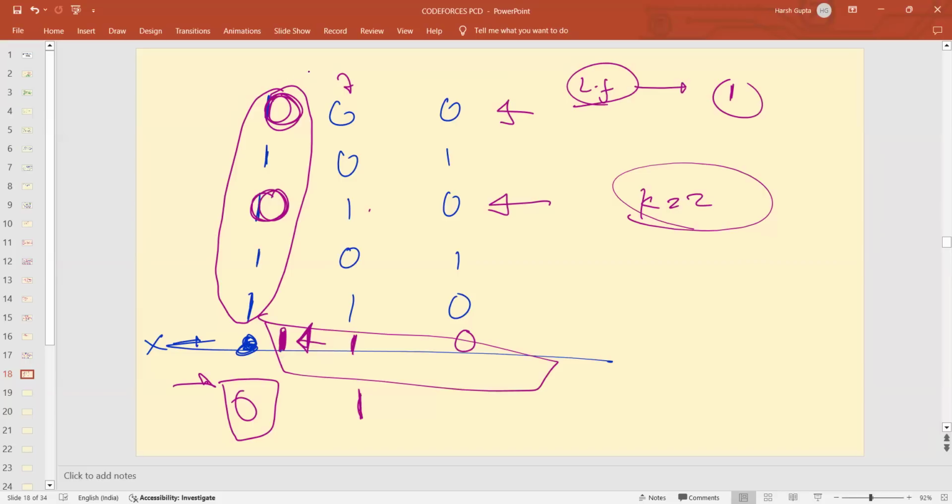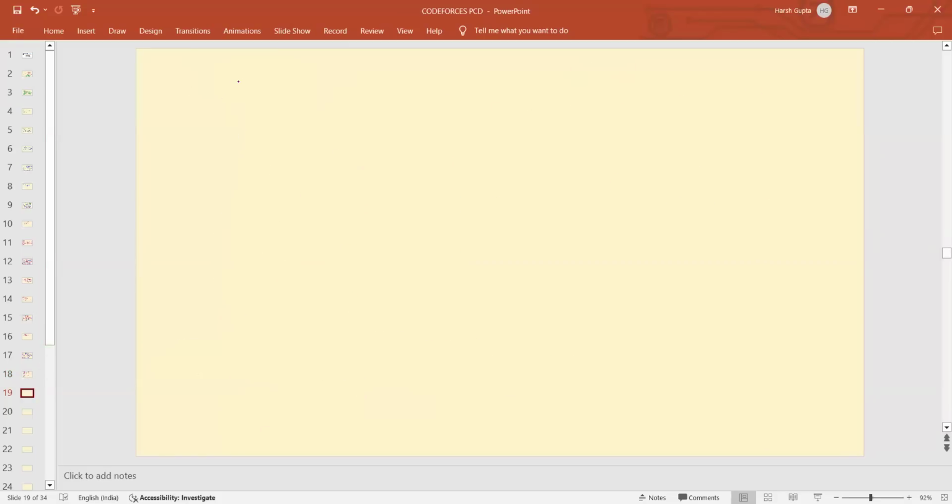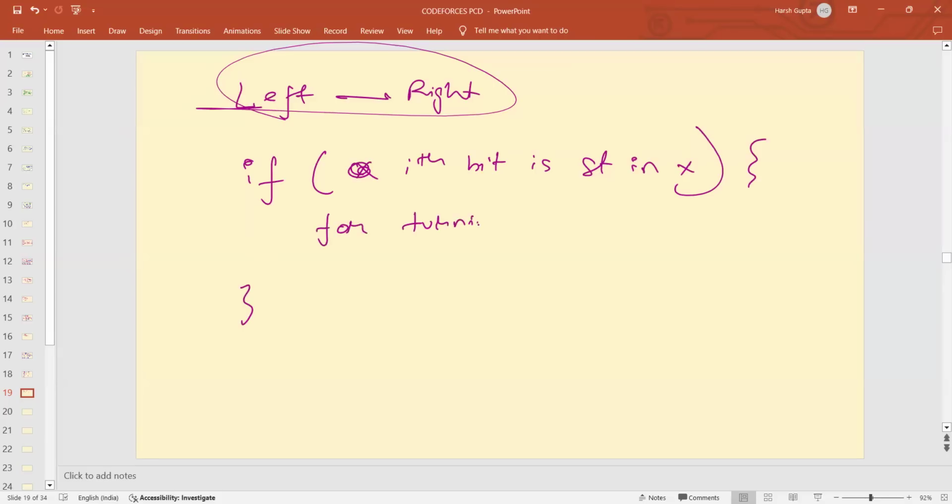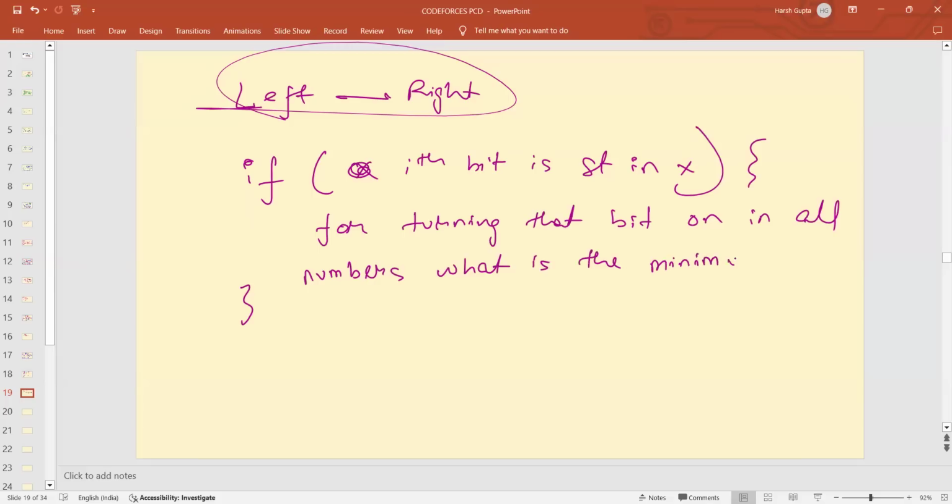So that is the aim for this question, that we simply move from left to right. So now if I summarize the approach, what will be our aim? Our aim will be that we will move from left to right, and if the ith bit is set in number x, I will simply look at what is the minimum operations I need for turning that bit on in all numbers.